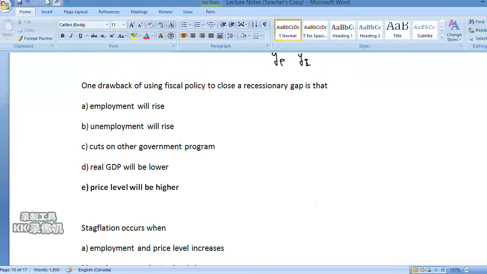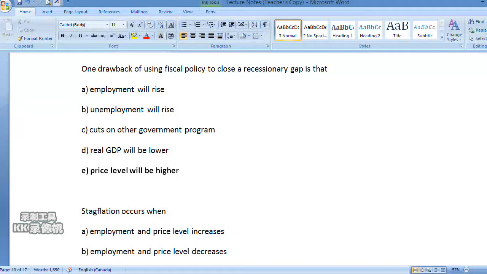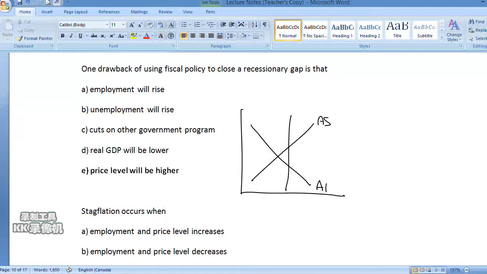Okay, so one drawback of using fiscal policy to close a recessionary gap is that, so we have a recessionary gap, AS, AD, long run AS. Remember, you can shift the AD curve to the right.